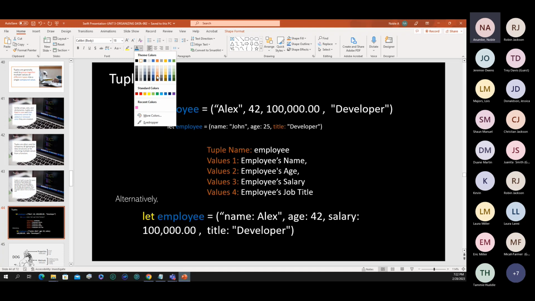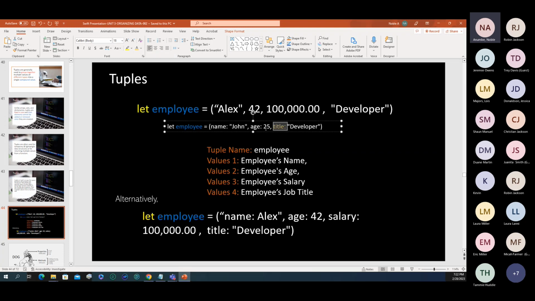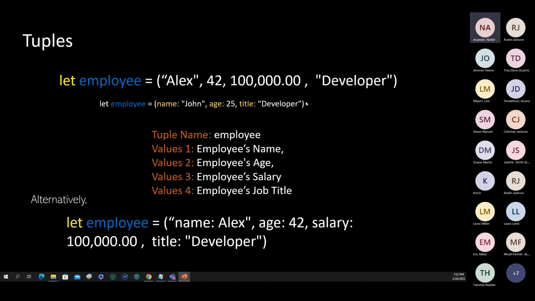I want to make these things very unique so that you can see what the differences are. So essentially we've created this tuple, and notice the tuple brackets are rounded, as against the other ones that are squared, right? So I have name, I've inserted his age, I've inserted his title.